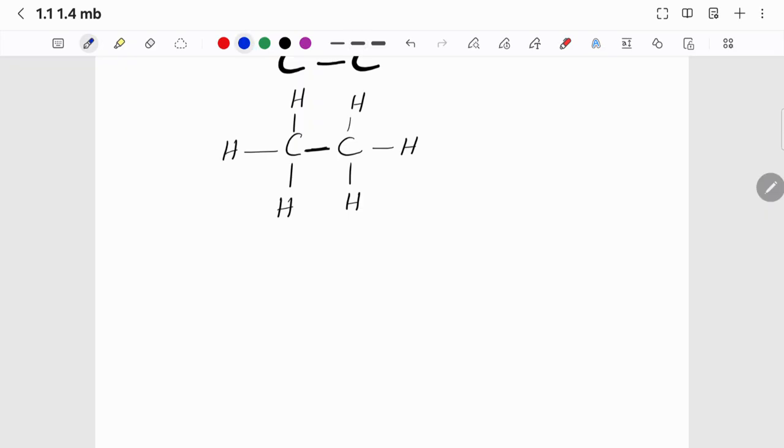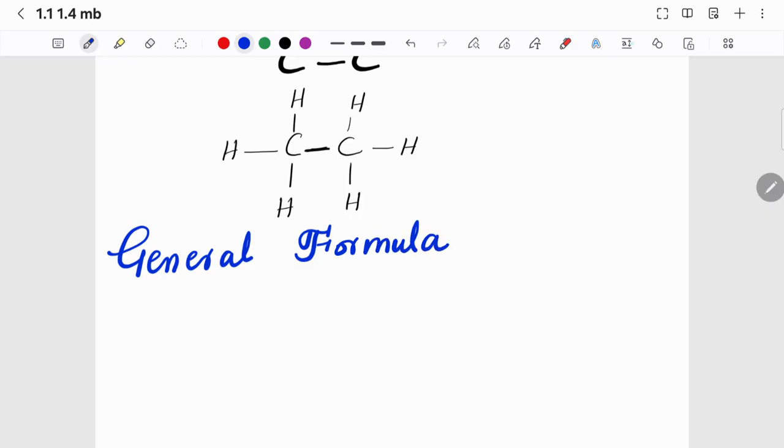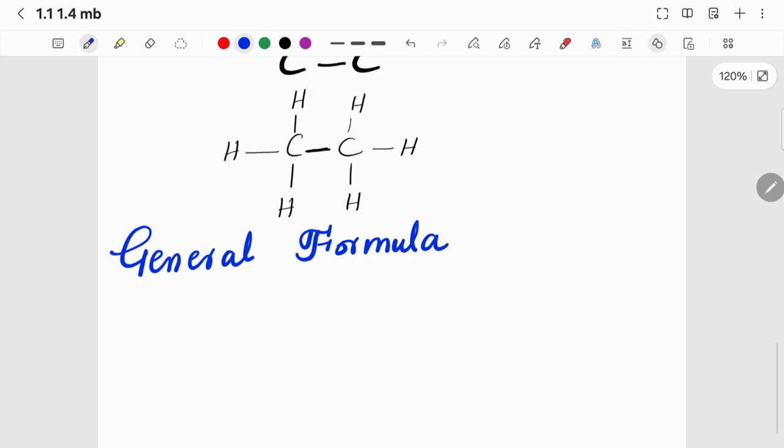Now coming towards the next thing, how to make the formulas of the different alkanes. For that we know that alkanes have a specific general formula. What is the general formula of the alkanes?